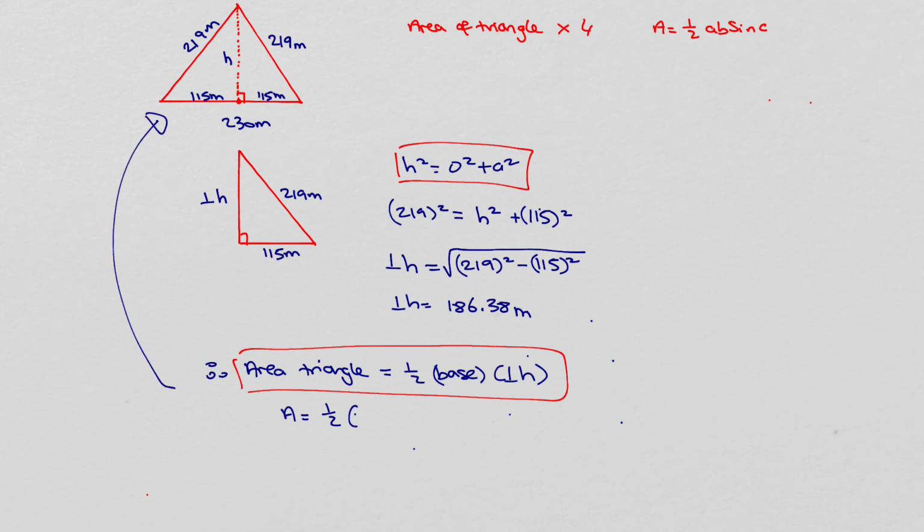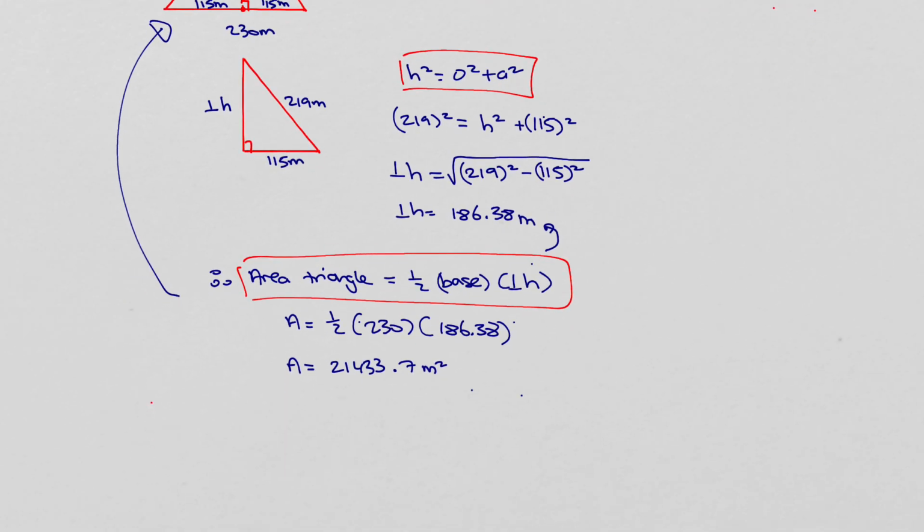We're talking about this face here, so 230, by the perpendicular height, which we've just worked out to be 186.38. And I'm going to round at the very end rather than rounding and rounding a second time. And then that gives me an area of one face, which is 2,143.7, and that would be meters squared.